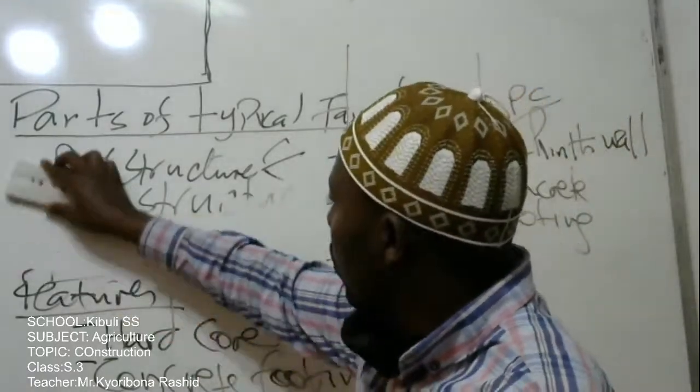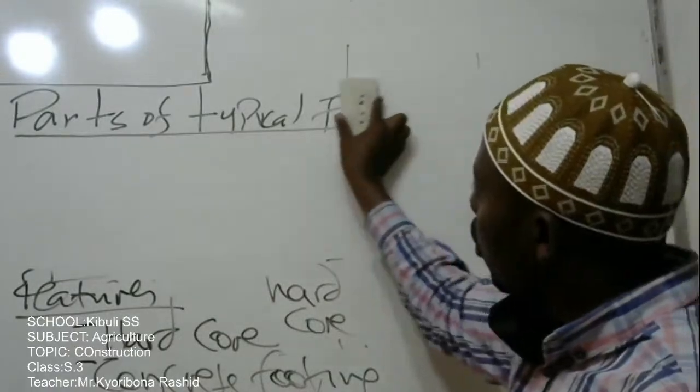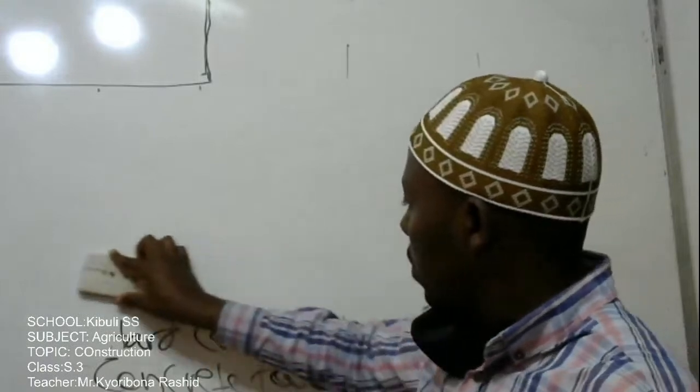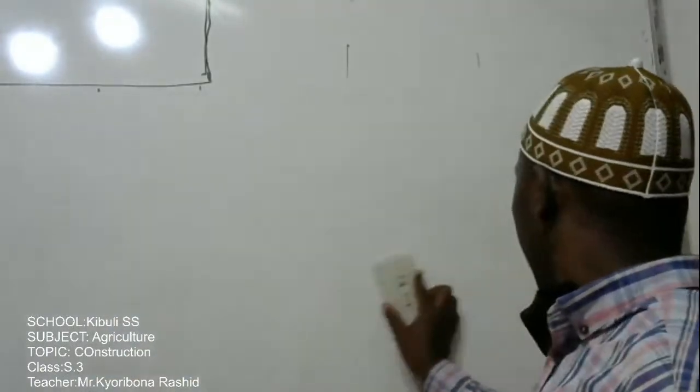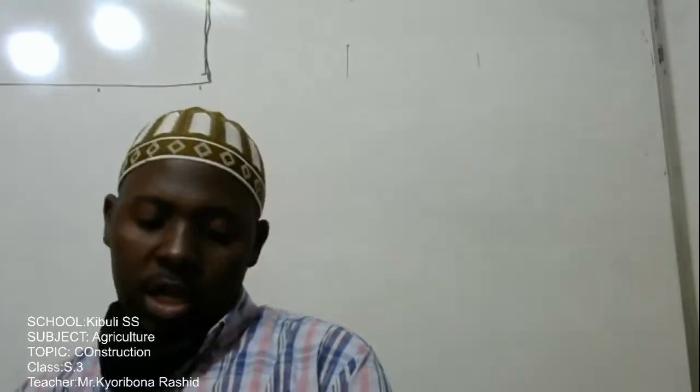Now, those are the features of this foundation: hardcore, concrete footing, the plinth wall, and the DPC. How we make this foundation is very important. So the procedure of making a foundation, you will follow it.